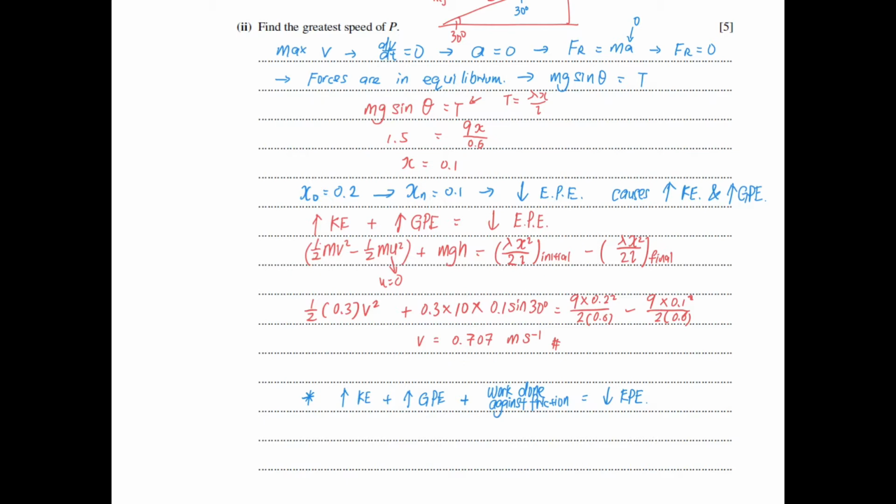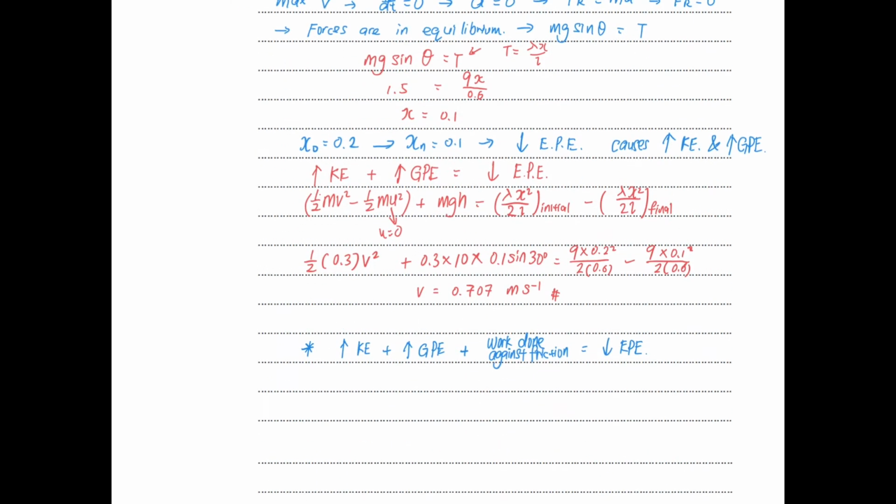The presence of work done against friction makes the increase of the KE smaller. So you should expect the greatest speed will be a smaller value if there is work done against friction.